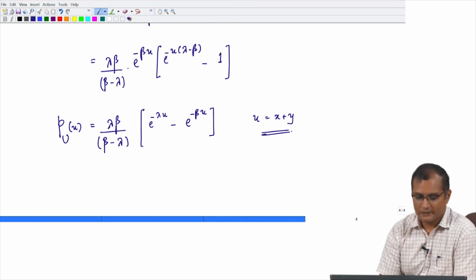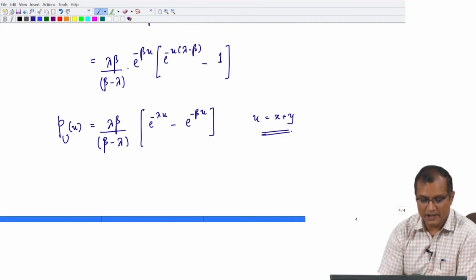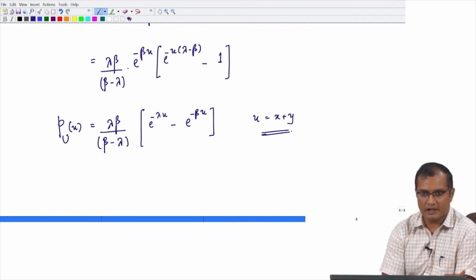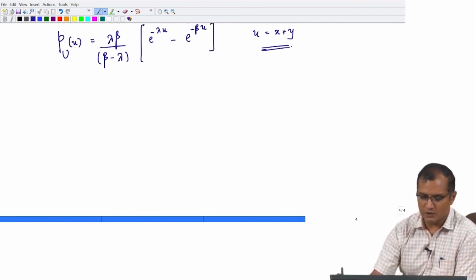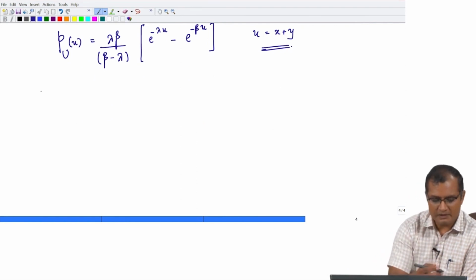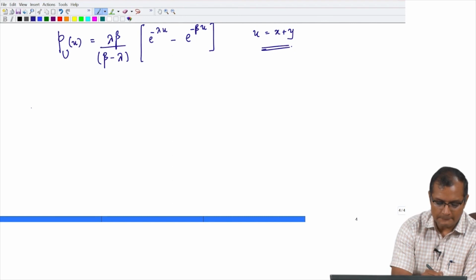Okay. So, this brings us to the end of this variable transformation. You can also extend this method to compute how x into y will be distributed.